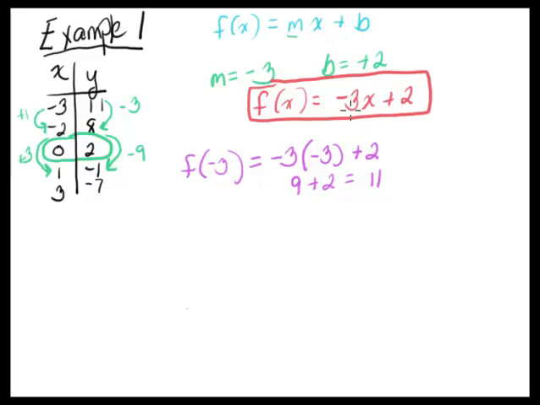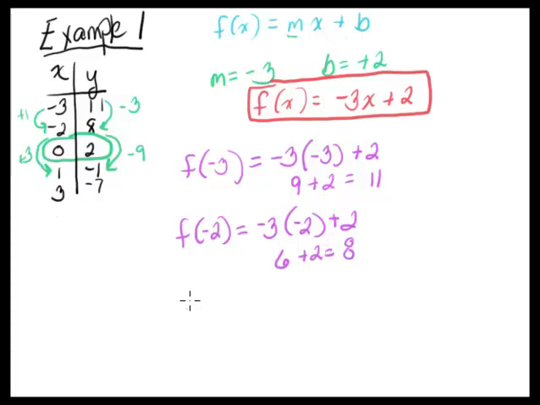So when we input -3 into here, which is our independent variable, we get the value of 11, which is our y, which is our dependent variable. F of -2, we get -3 times -2 plus 2. -3 times -2 is 6. 6 plus 2 is 8.